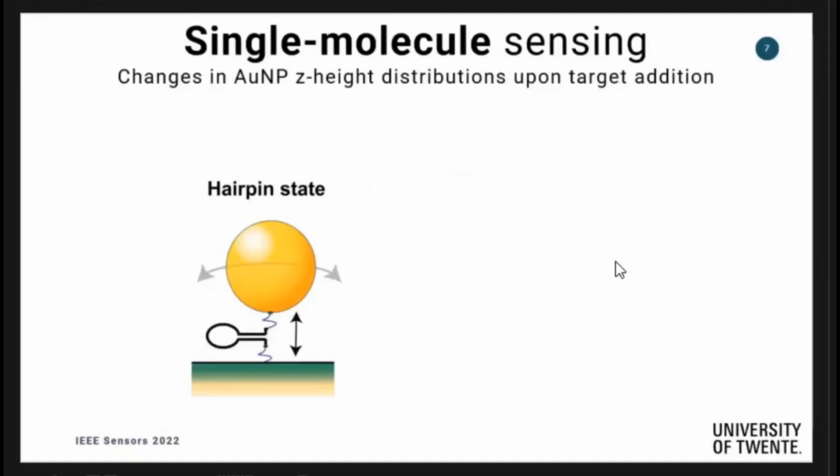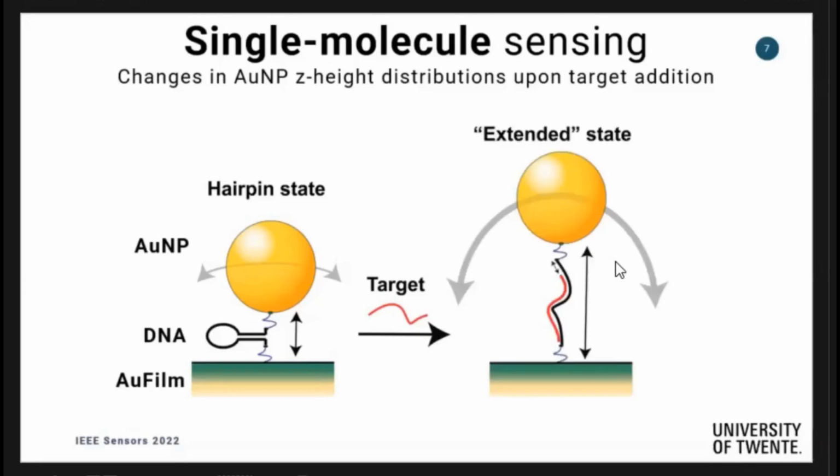So the single molecule sensor we are working on is this one, which consists of a gold nanoparticle and a DNA origami. This example is a very simple one, just a hairpin and a gold film. And upon addition of targets, the hairpin will actually change its conformation. So you can see that the hairpin will unzip, and then we will end up with what we call an extended state.